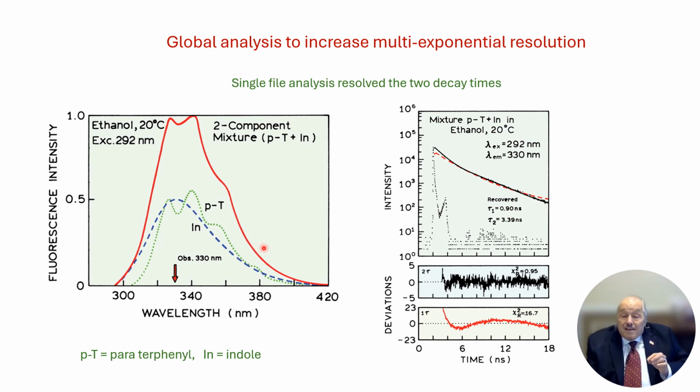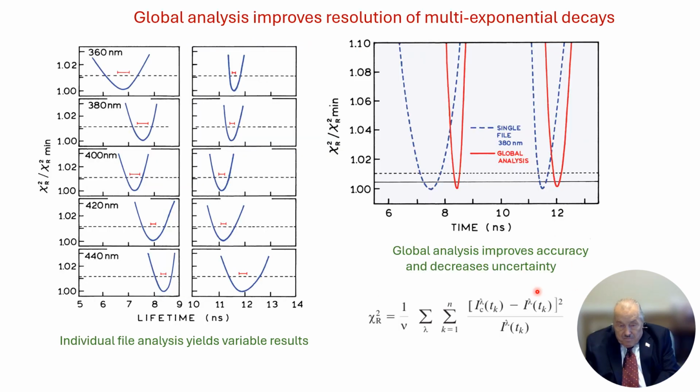So you do an analysis of all of those decays together, forcing it to have only two lifetimes for the whole set of data, and you wind up with something like this. These are the single wavelength measurements, and you can see that the lifetimes vary somewhat.